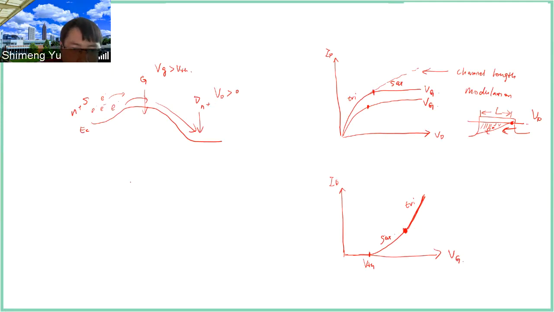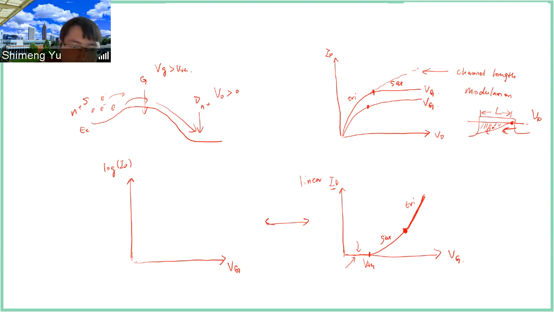So there's one more IV curve you should be able to analyze. That is the log scale of the drain current versus the VG. So this is the same as this one, but the difference here is this is in the linear scale. In the linear scale, you cannot visualize here because this is very small. And we talk about the transistor is not completely off, even below the threshold due to the leakage.